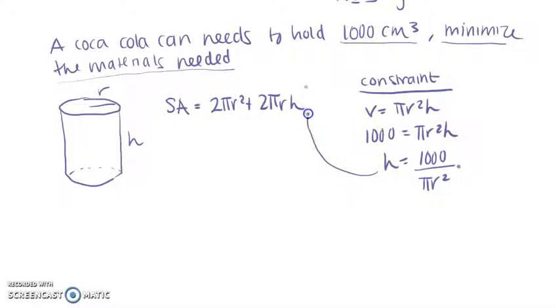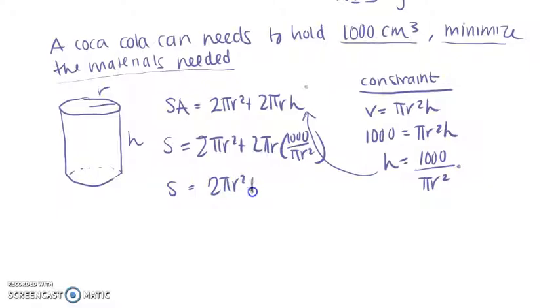Now we have to plug this into the original equation because we have to apply our constraint to our graph. So if we solve this, we get 2 pi r squared plus 2 pi r times 1,000 all over pi r squared. And if we simplify this, we get 2 pi r squared plus 2,000 r to the -1. And to find our critical numbers, once again, as you saw above, we have to set the derivative of this equation equal to 0.